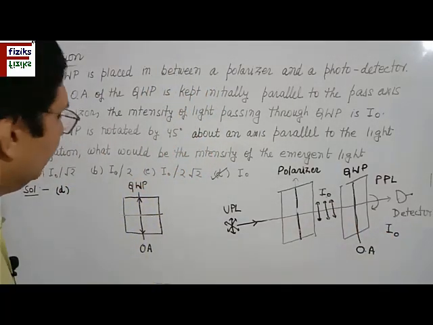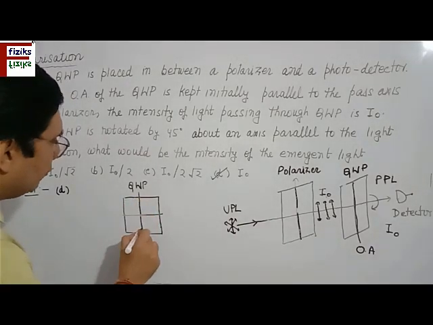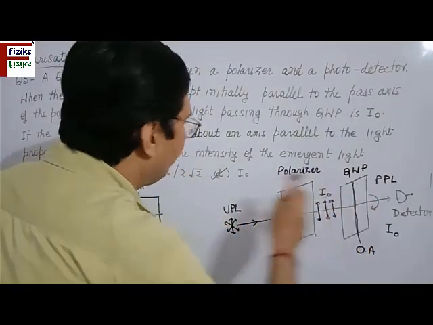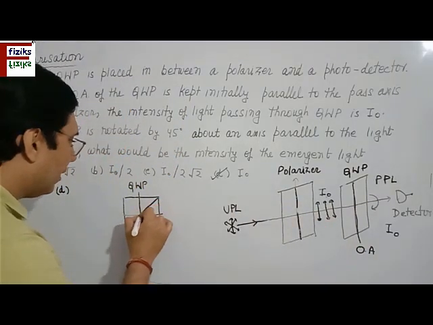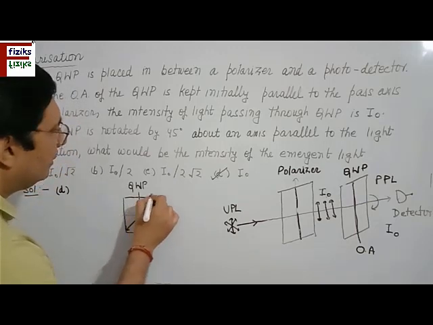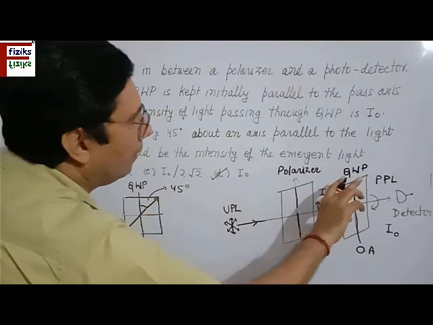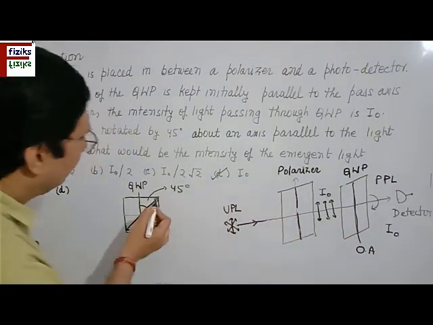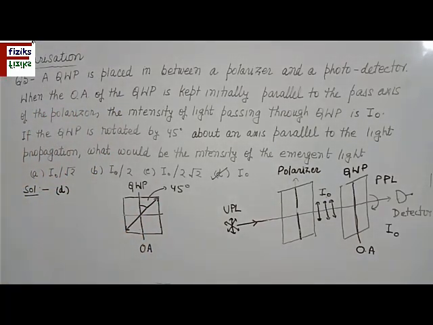Now what is happening in the second case? This is the optic axis. In the second case, when you have rotated this optic axis by 45 degrees, these electric vectors are incident on the quarter wave plate at an angle of 45 degrees with the optic axis.